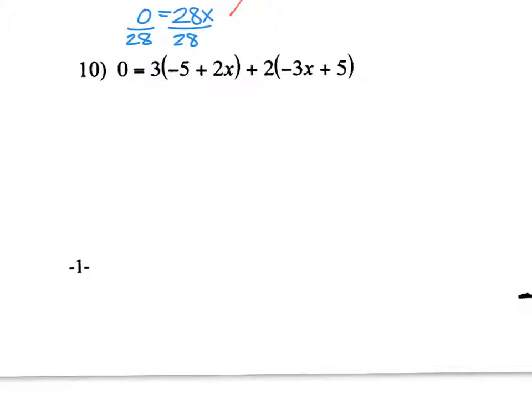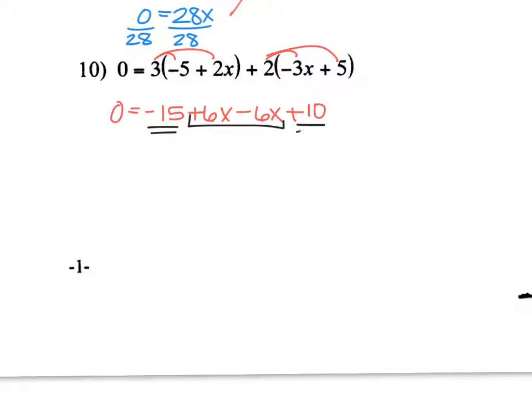All right, last one on this first page. This time I've got to distribute 2 times and on the same side. So I've got 0 equals negative 15 plus 6x minus 6x plus 10. Since we're all on the same side, I'm not going to do opposites. I'm just going to combine my like terms. No opposites, because everything's on the same side.